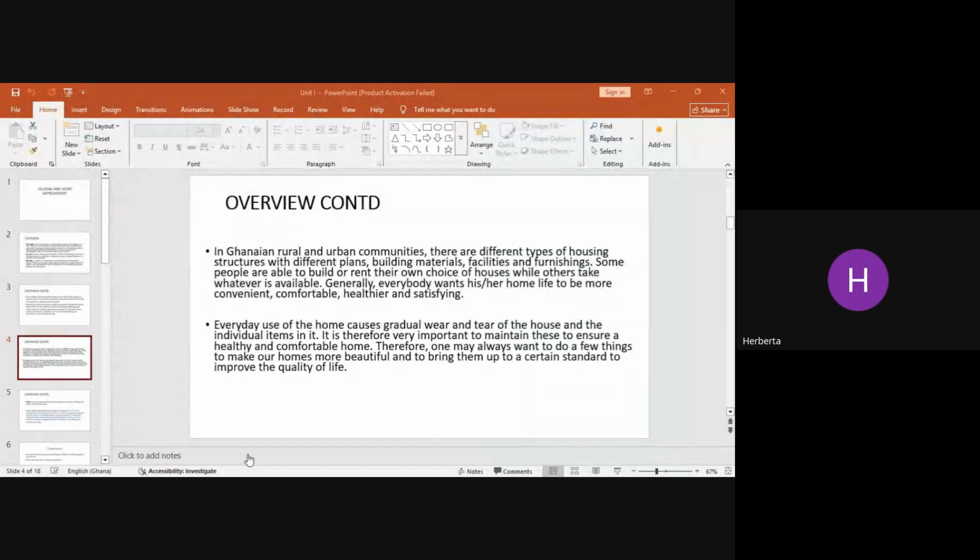Even your children are not going to be delinquent. You have a better environment to train them well. The opposite is the case with the poor housing environment.